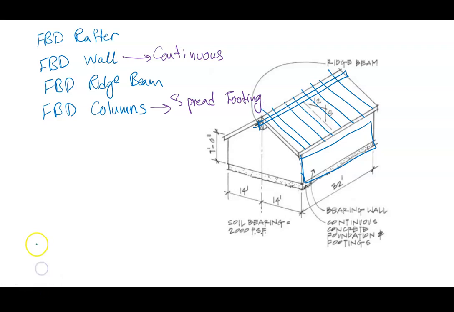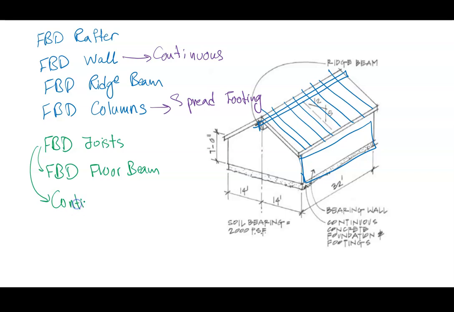Then we also looked at the flooring system. So we did FBD of joists and calculated the load transferred from floor to each joist, the load transferred from joists to floor beam, and also the load that goes from joist to continuous footing.